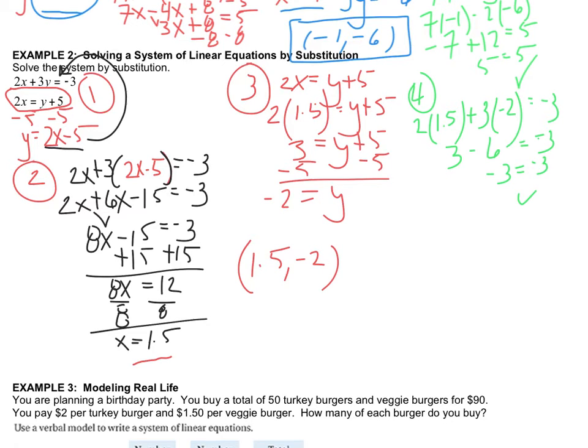So it works for the first one. And then on the second one, 2 times my x equals the y plus 5. 3 equals 3. That one checks. So that would verify that this is the solution, 1.5, comma, negative 2.